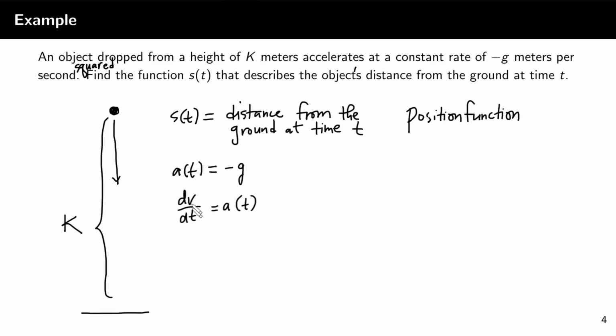And we know as well that the velocity function is the derivative of the position function, so ds/dt is equal to v of t. So we can go from acceleration to velocity, and then from velocity to the position function.